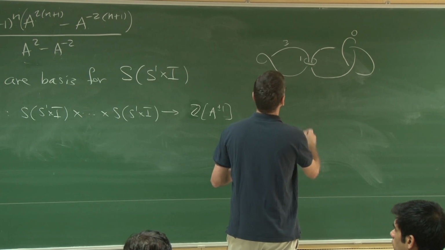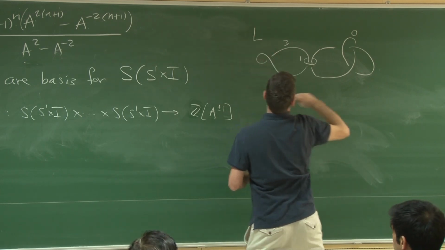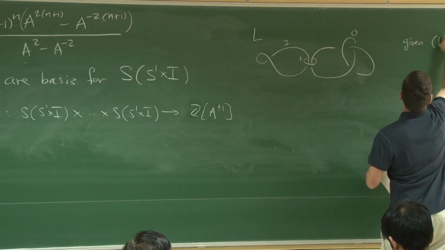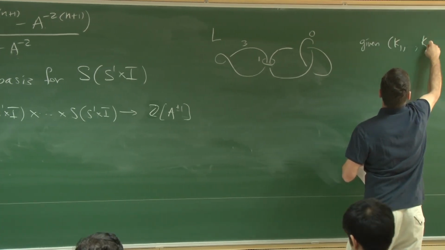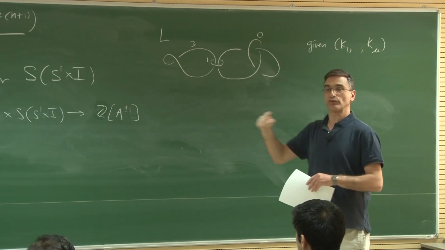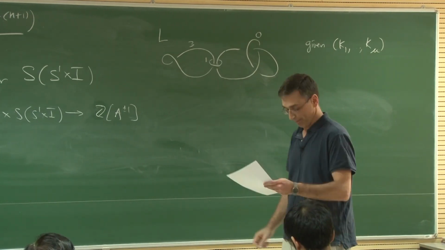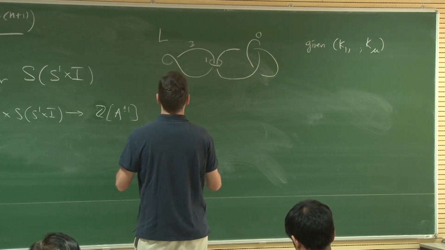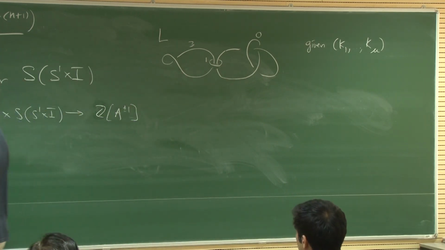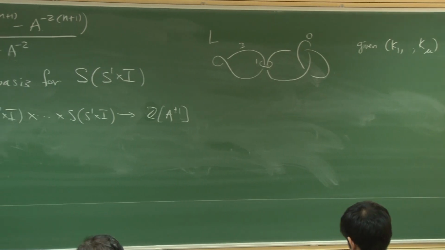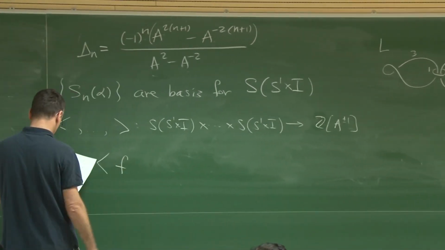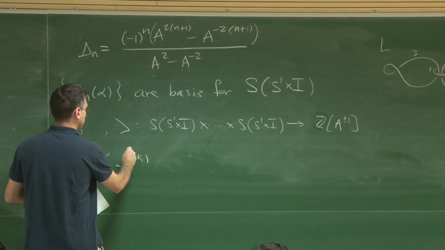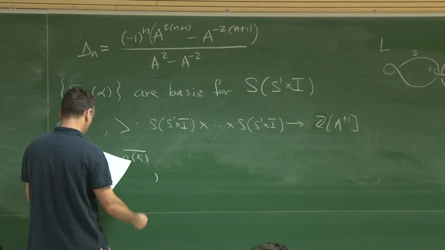So I'm given a link L, and I'm also given some numbers, k1 to k mu, where mu is the number of components of the link. What happens is that the map that I want is exactly the map that puts in the idempotent with each number and takes its closure.